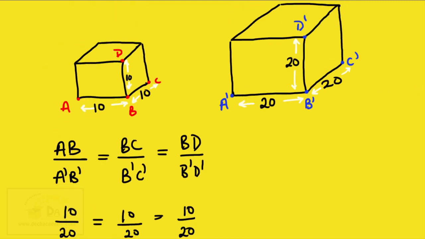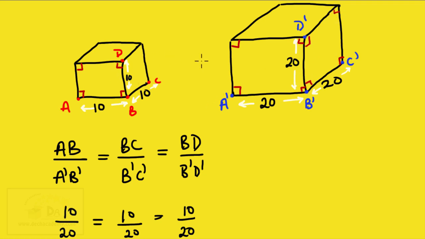And the other condition is that the corresponding angles must be equal. All the angles between sides that meet are 90-degree angles for a cube. So I'm just going to show some. All these angles are 90 degrees. So the corresponding angles are also equal.